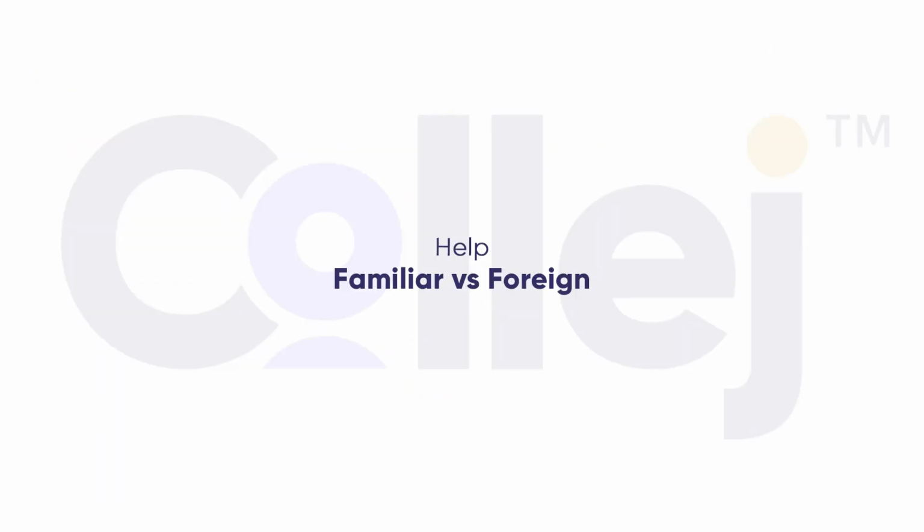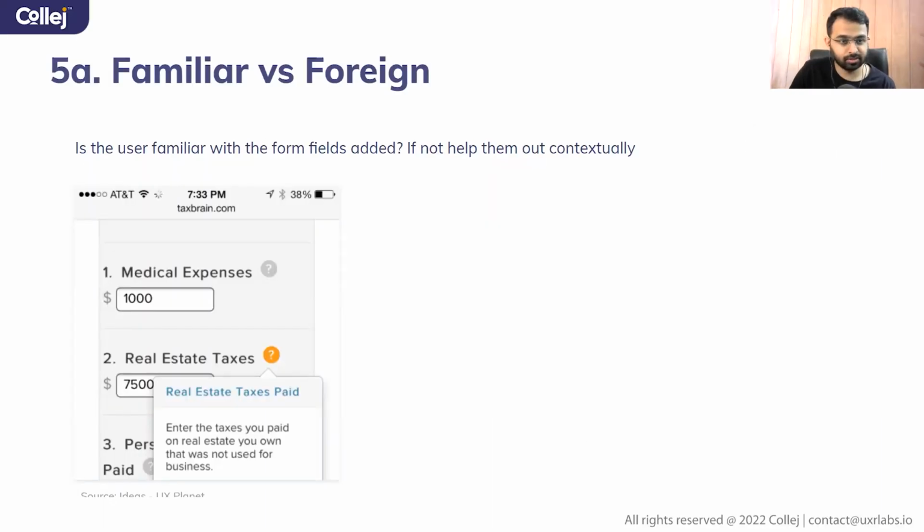The next question is: is the user familiar with the form fields added here? If they are not, then help them out contextually, right? So what this is saying is, okay, you are filling some tax form, but real estate tax, if they are not aware of it, if they are not familiar with certain languages, right?